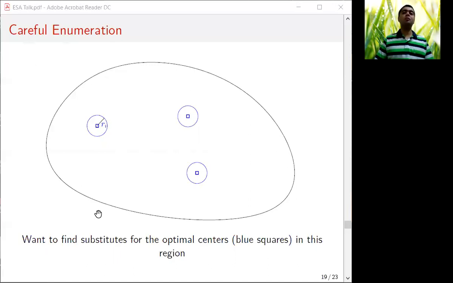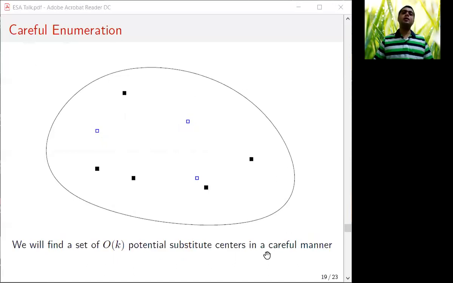Now, of course, we don't know how many balls optimal uses here, so we just have to guess this number. But let's say we correctly guess that to be 3. So we have to find the approximate locations for these 3 balls. We use a particular greedy algorithm, and we find these potential substitute locations, which are given by these black squares.